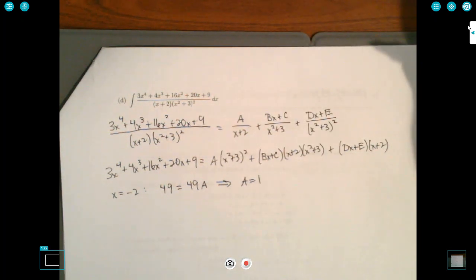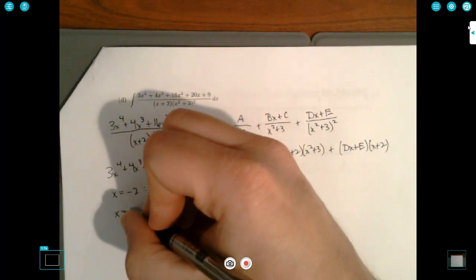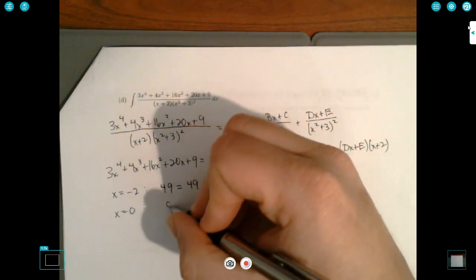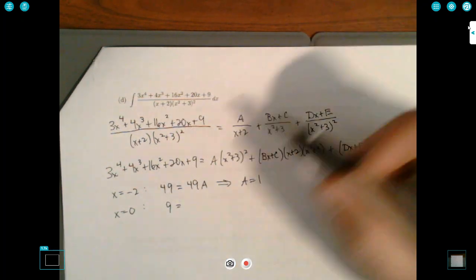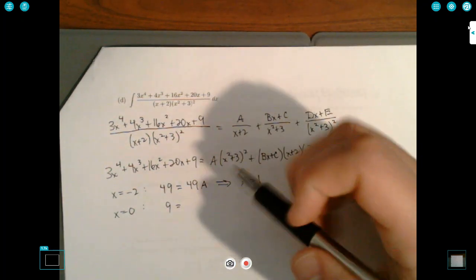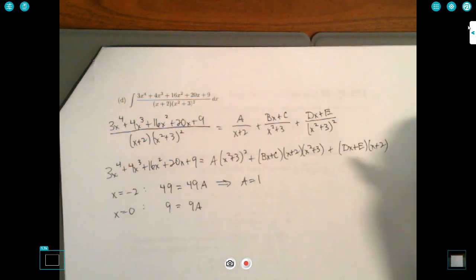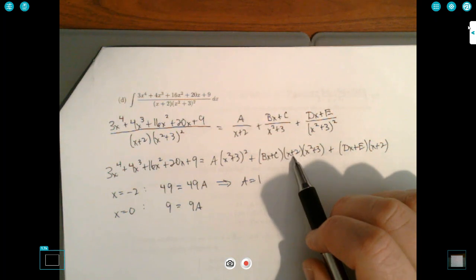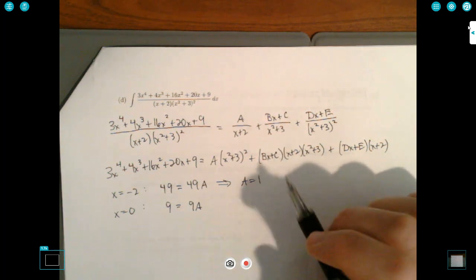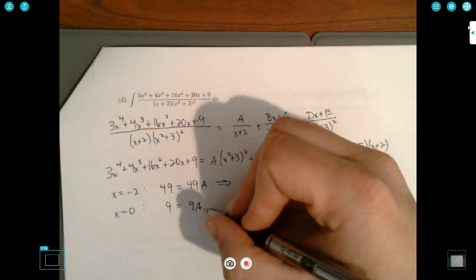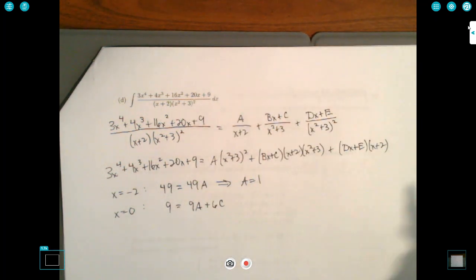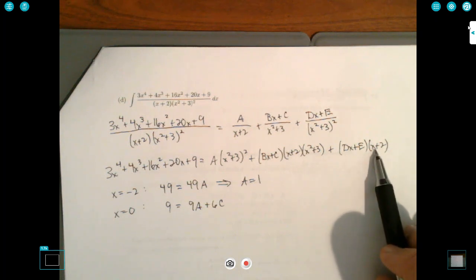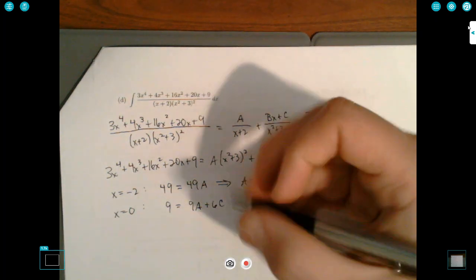Okay. If we let x be 0, then on the left-hand side we just get 9. Right-hand side we get 3 squared is 9. We get 9A. Here the Bx is gone, so we'll have a 2 times a 3 is 6 times C, so we get 6C. And here Dx is gone, so we have 2 times E, so 2E.